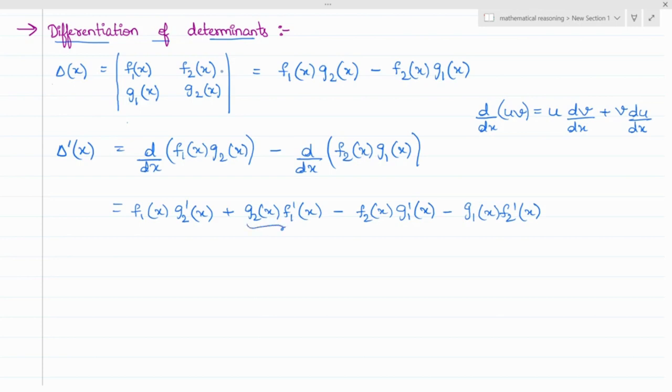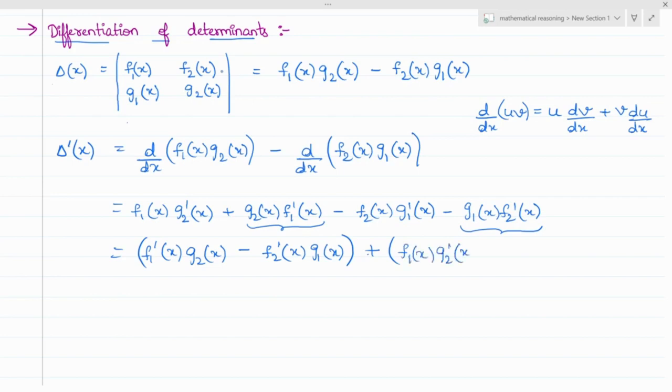So now just combine the terms. If we combine this and this, we can write it as f1 dash x g2(x) minus f2 dash x g1(x), and combine the remaining two, that is plus f1(x) g2 dash x minus f2(x) g1 dash x.